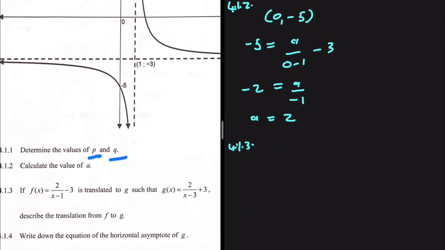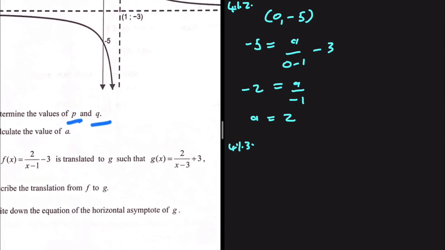Let's go ahead and do 4.1.3. If f(x) is translated to g(x), describe the translation from f to g. So let's take a look at this. In f(x), we have x minus 1. In g(x), we have x minus 3. When it comes to the x values, x minus shifts the graph to the right and x plus shifts the graph to the left.